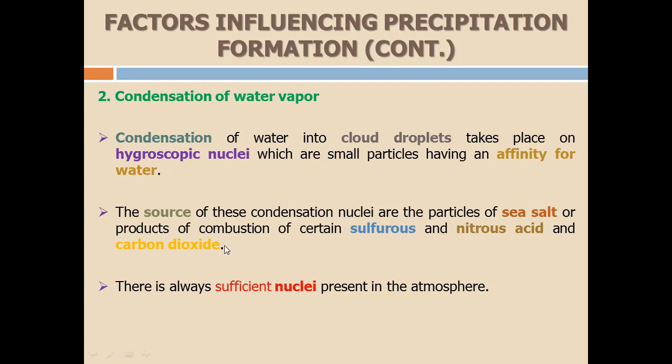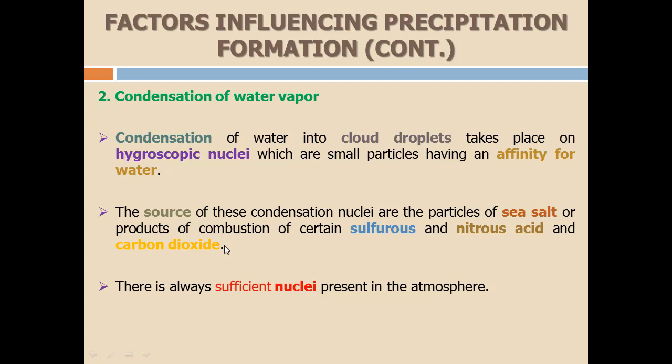The next step is the condensation process. Step number 2 is condensation. Now, in the first step they rise up to a certain level. At this level the vapors are able to convert into the liquid form, or we can say to condense.